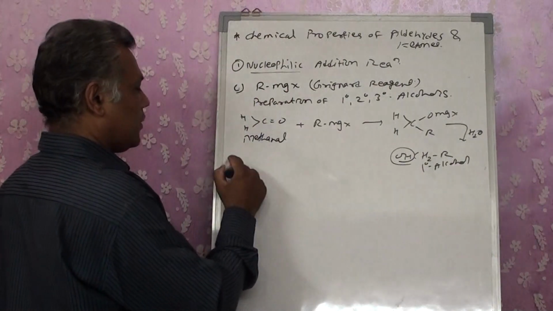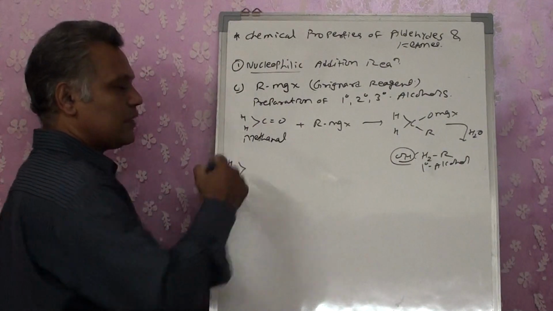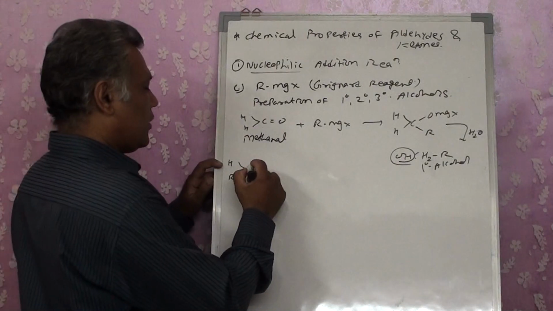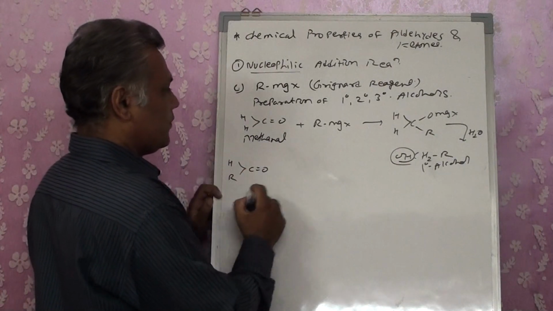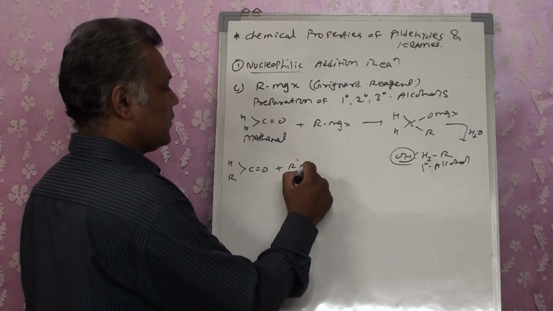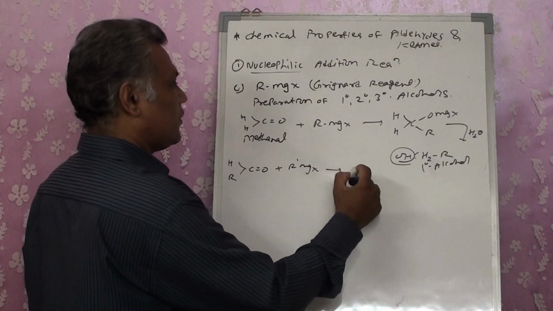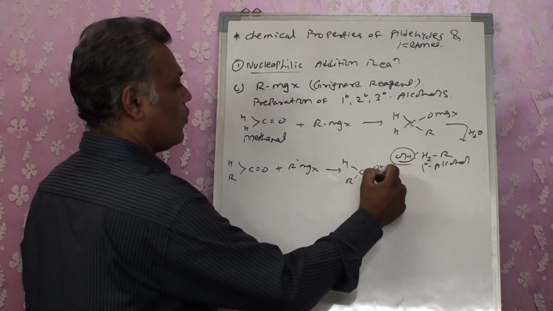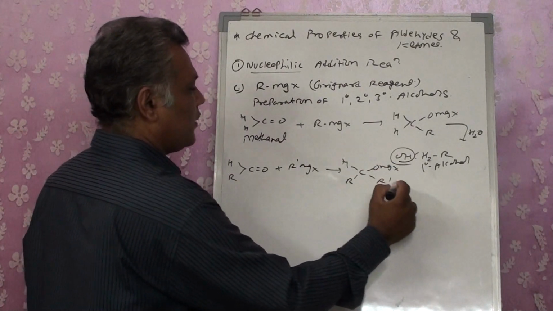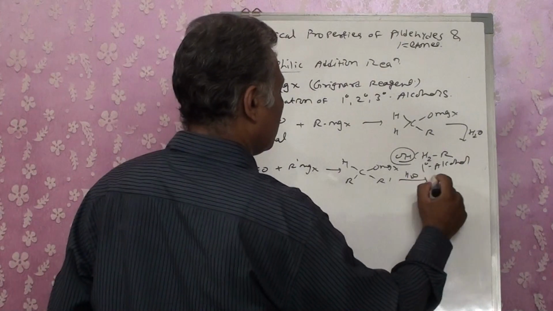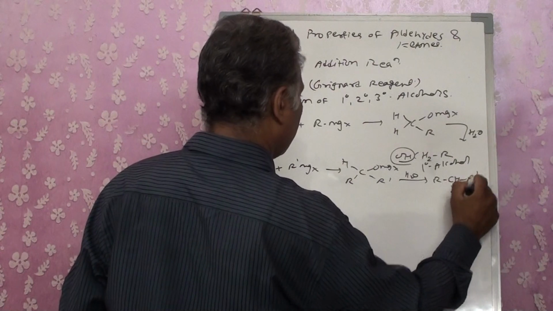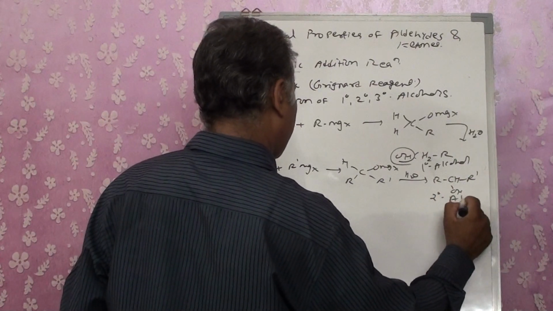Other than that, if one is alkyl or aryl and another one is hydrogen, other than formaldehyde, RMgX reacted with it, we get RCH(OMgX)R', which on hydrolysis produces RCHOHR', secondary alcohols.